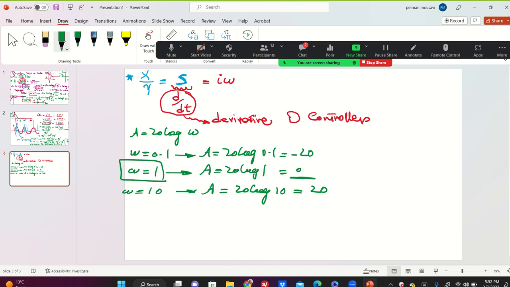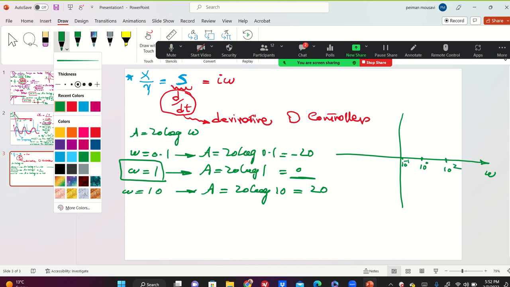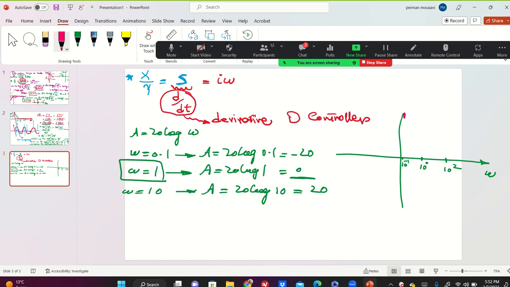So if I plot the Bode, omega, here is 10 to the power of minus 1, 10 to the power of 0, 1, 10 to the power of 2. So versus omega, if here is A, at 0.1 is how much?